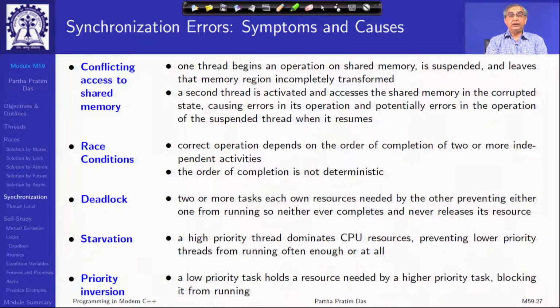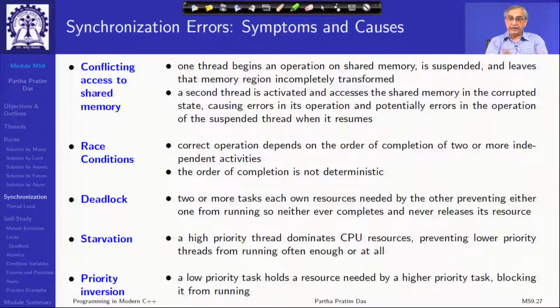But the features that I have already discussed, mutex, lock, future and promise, atomic, async, one or more of these can be used to solve each one of these situations. Like conflicting access to shared memory: one thread is accessing it, and before it has completed the access and put it into a valid state, its time gets over, and the second thread tries to access it and gets an invalid value for the shared variable, and so on.